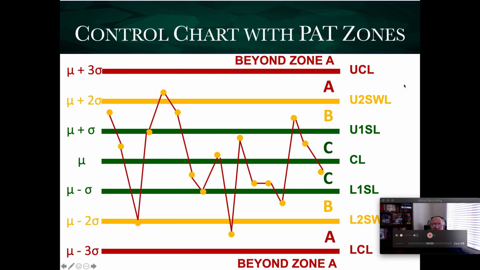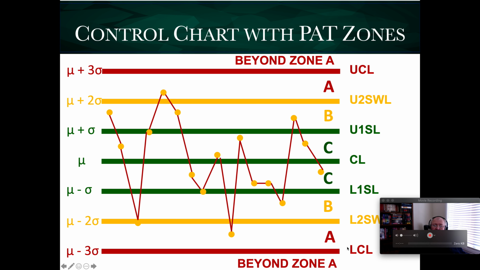And by comparing through time, or through sequence, the actual data to the standards, we can see if there's some sort of a change, whether it's change for the better or change for the worse, that is going on inside the process.